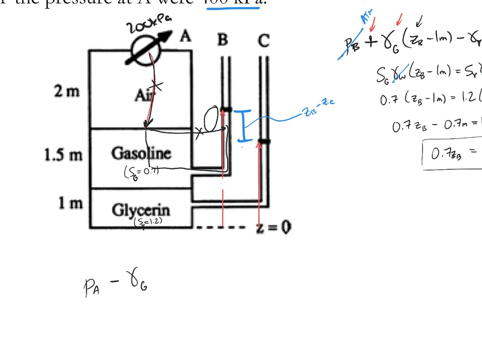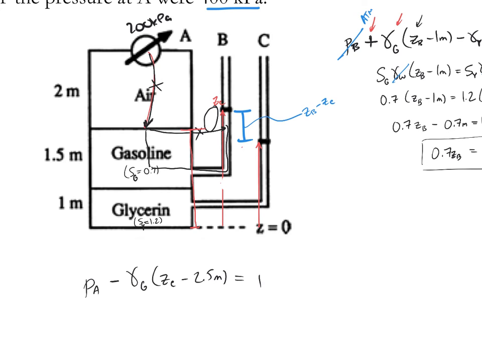And what is that distance? Well, let's see, this was ZC, and this right here is 2.5 meters. So this is going to be ZC minus 2.5 meters.